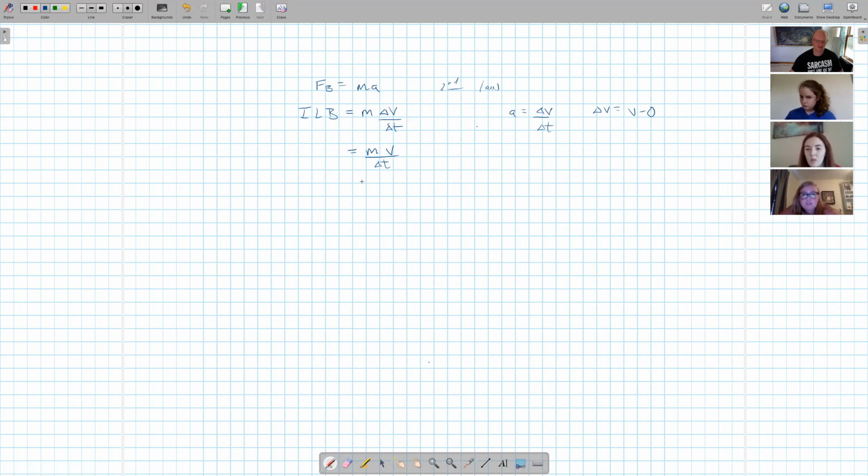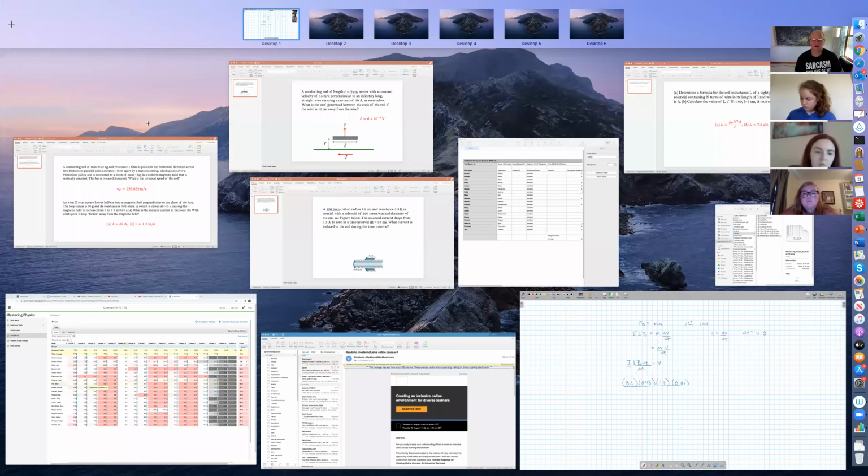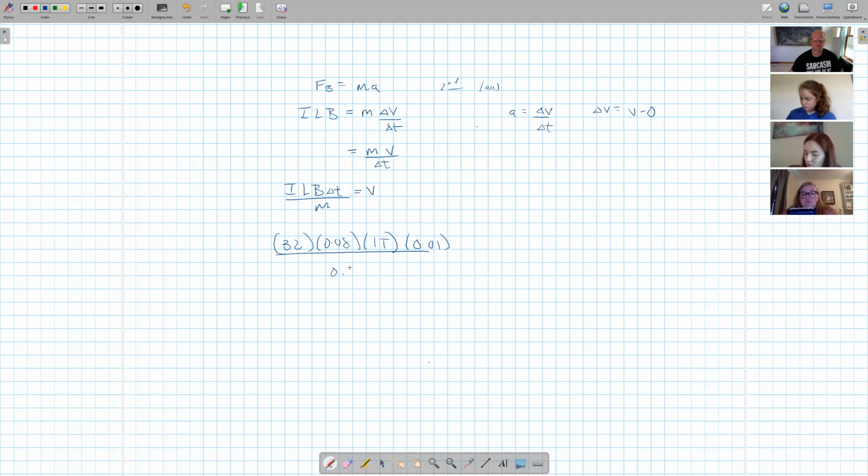Good. So now let's solve this for the velocity. The velocity is equal to the current times the length times the magnetic field times the change in time, all divided by the mass. So it's 32 times 0.08, the length, times the magnetic field, which is 1, times the time, 0.01, divided by the mass, which is 10 grams, so 0.01.